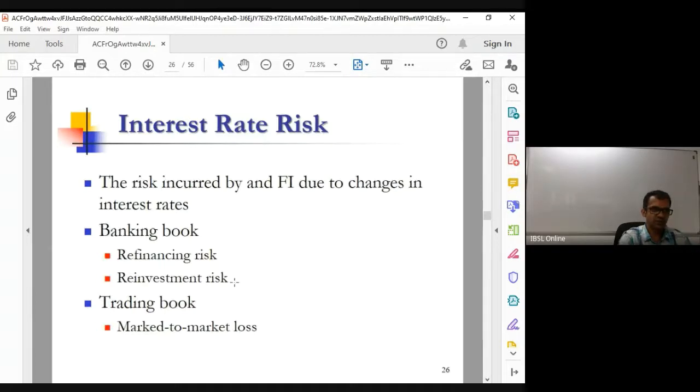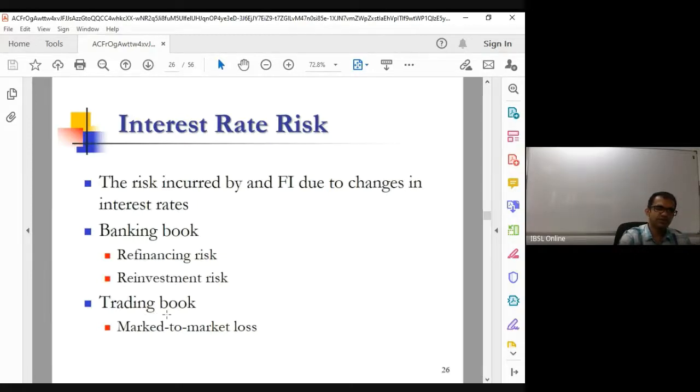Most loans and advances, the assets that are created not for trading purposes, are in the banking book. Maybe mortgage, personal loans, maybe a loan to a corporate. All these are in the banking book.